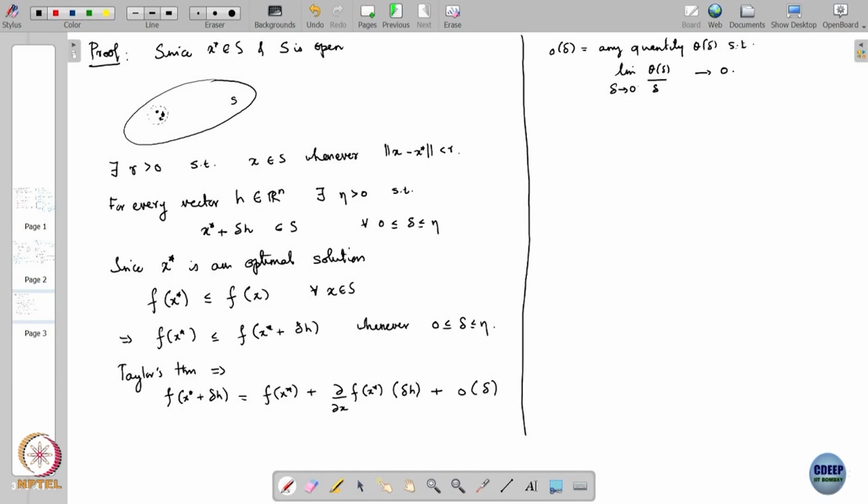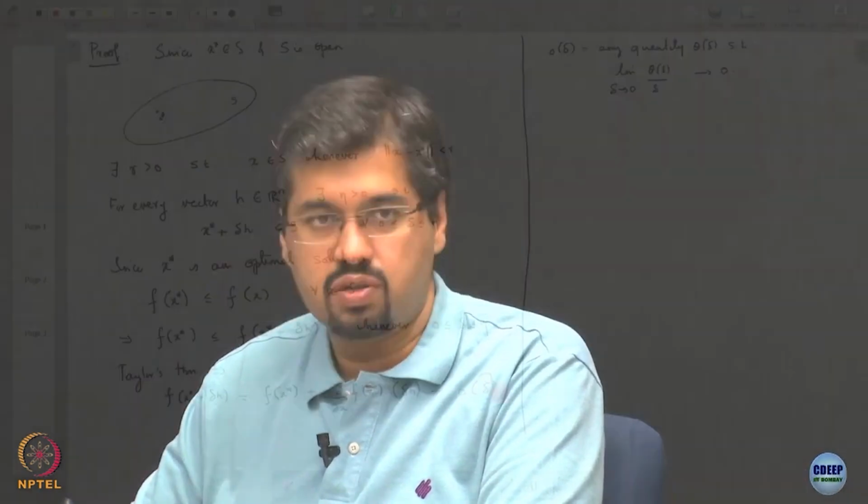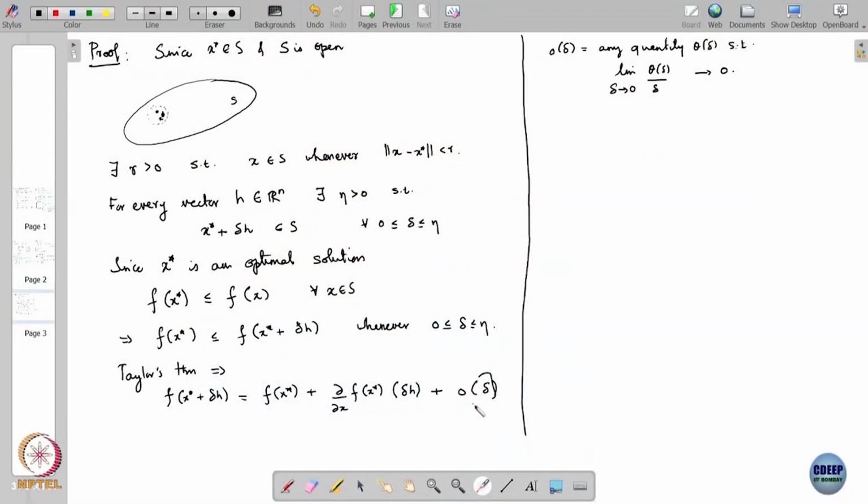So, small o of delta means that not only does it itself go to 0, even after dividing by delta it goes to 0. This is a way of writing things in optimization. We make this kind of shorthand. We don't really need to know what this exact thing is, so long as we know at what rate it goes to 0.